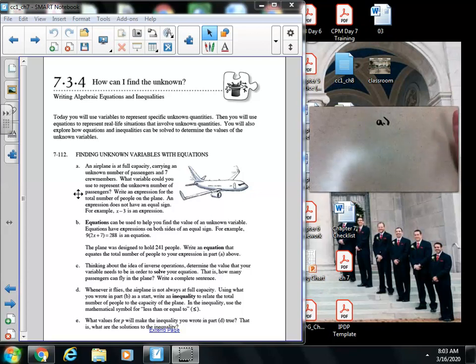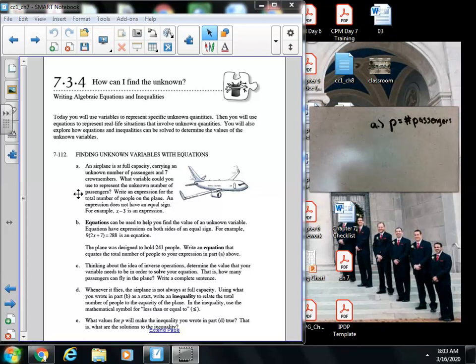So we've been using typically X in the past couple lessons, but we can start to use different letters to represent the situation. For example, maybe we can use P to represent the number of passengers. This is called defining the variable because we're telling somebody who's looking at our work what the variable is representing.